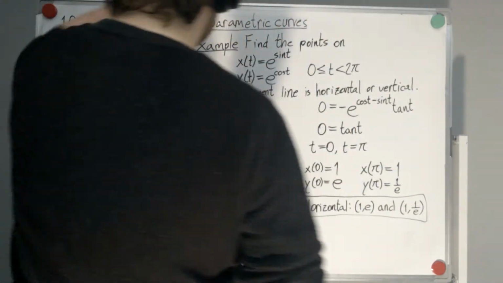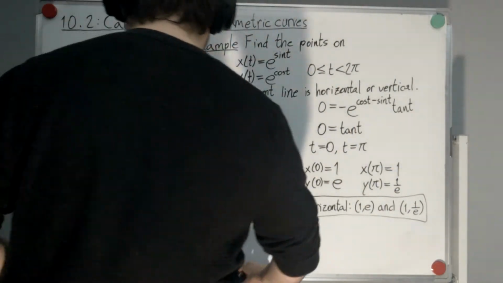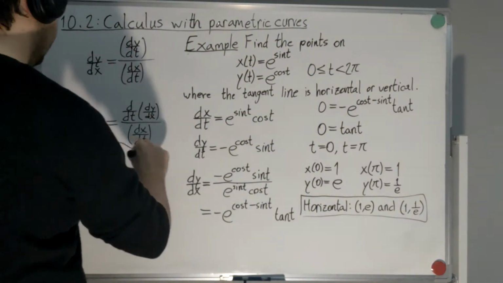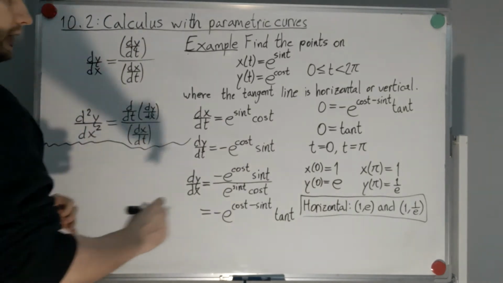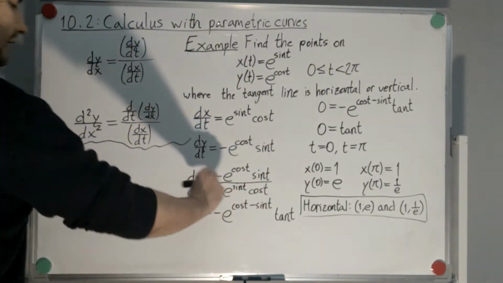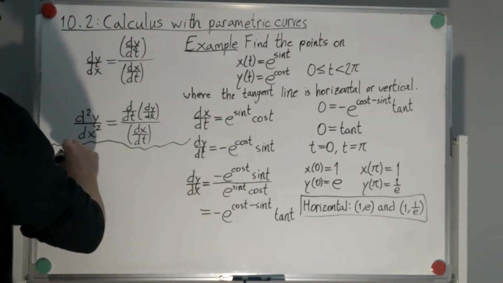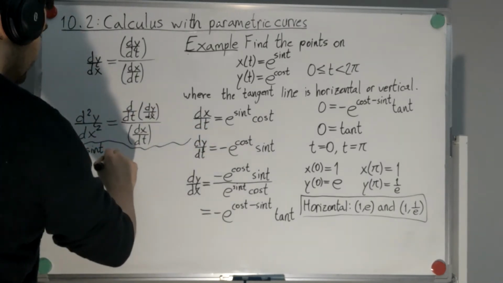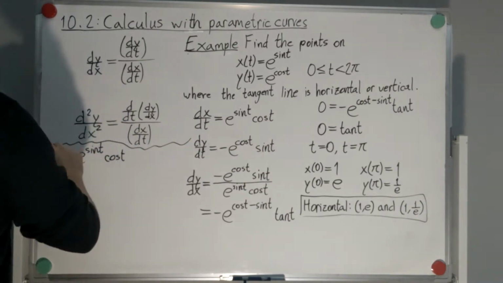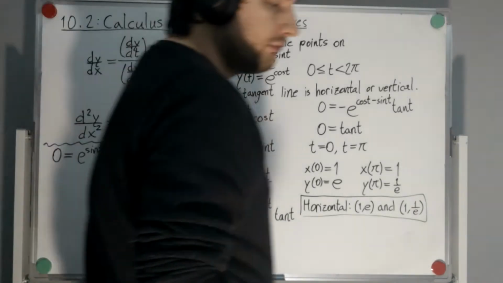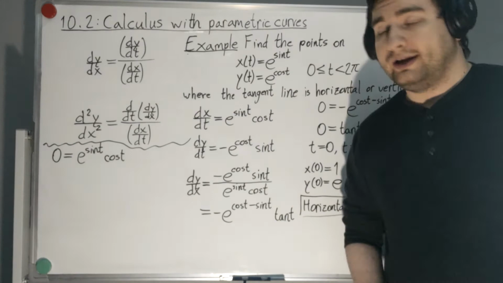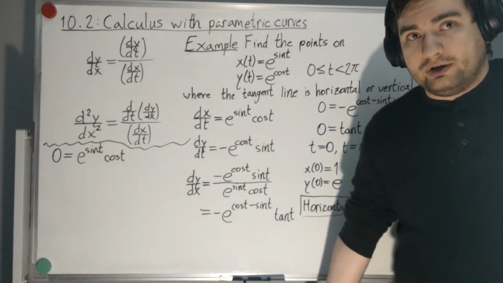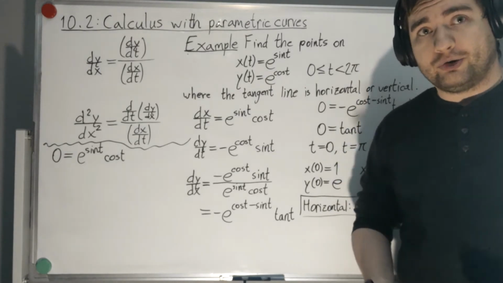So, maybe I'll just continue over here. To find where the tangent line is vertical, we just need to say e to the sine t times cosine t has to be equal to 0. Now once again, e to the sine t could be a lot of different numbers, but whatever they are going to be positive.